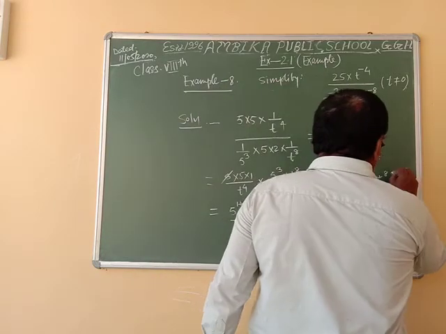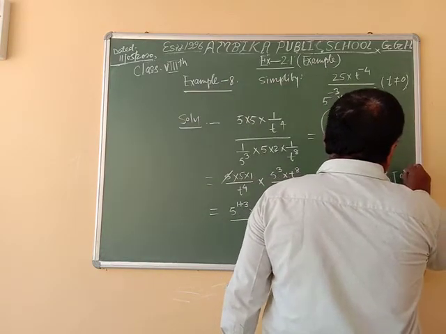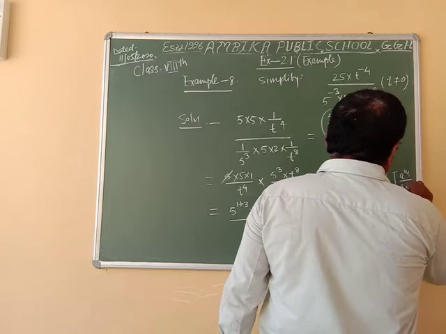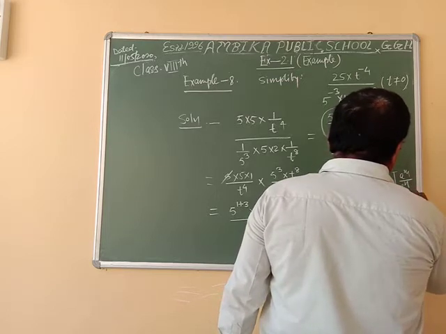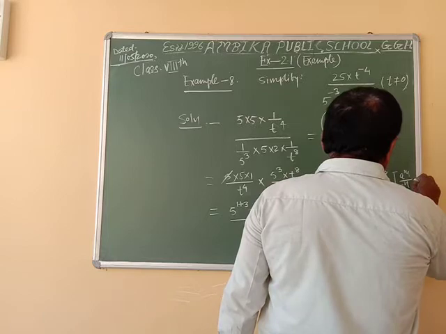You have read a to the power m by a to the power n is equal to a to the power m minus n.